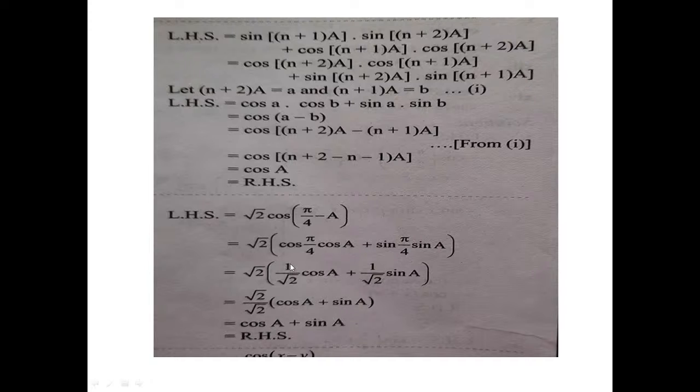So root 2 into (1 upon root 2 cos a plus 1 upon root 2 sin a), since the value of sin pi by 4 and cos pi by 4 is equal to 1 upon root 2. So this is equal to cos a plus sin a. Okay.